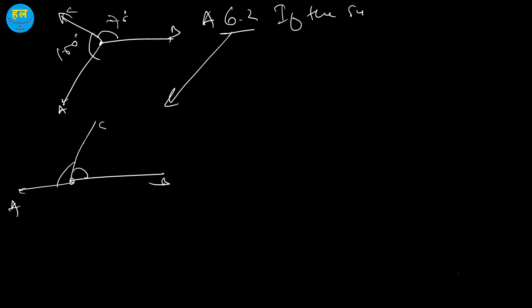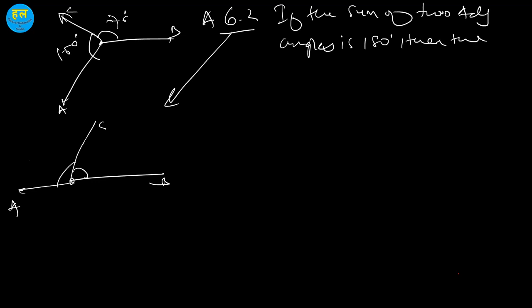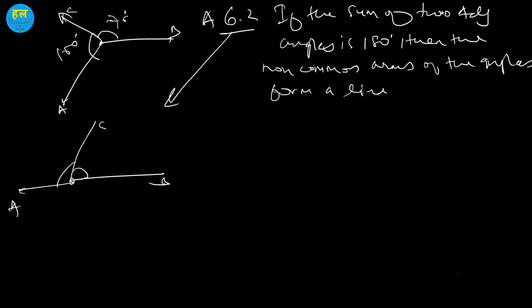If the sum of two adjacent angles is 180 degrees, then the non-common arms of the angles form a line.